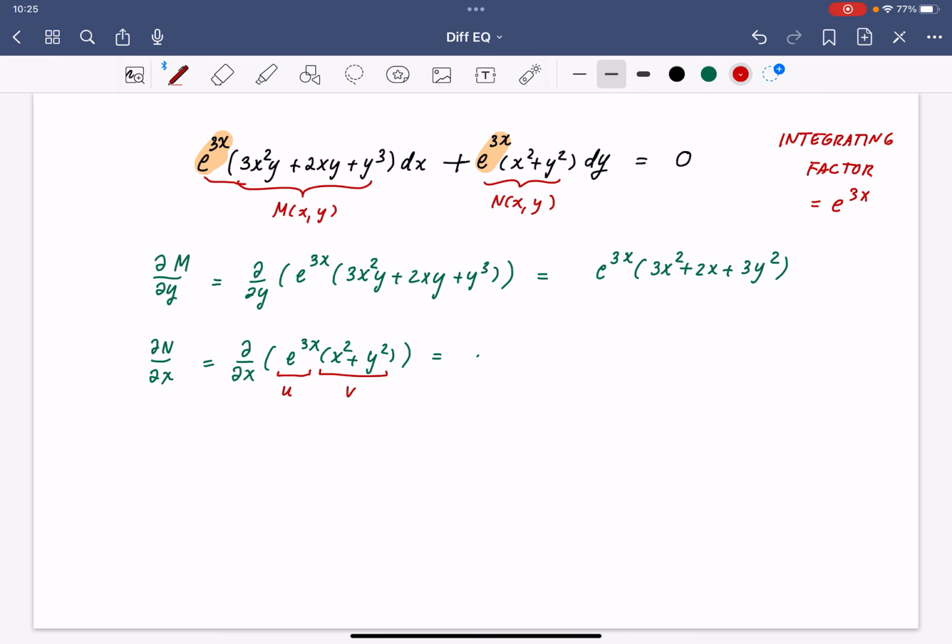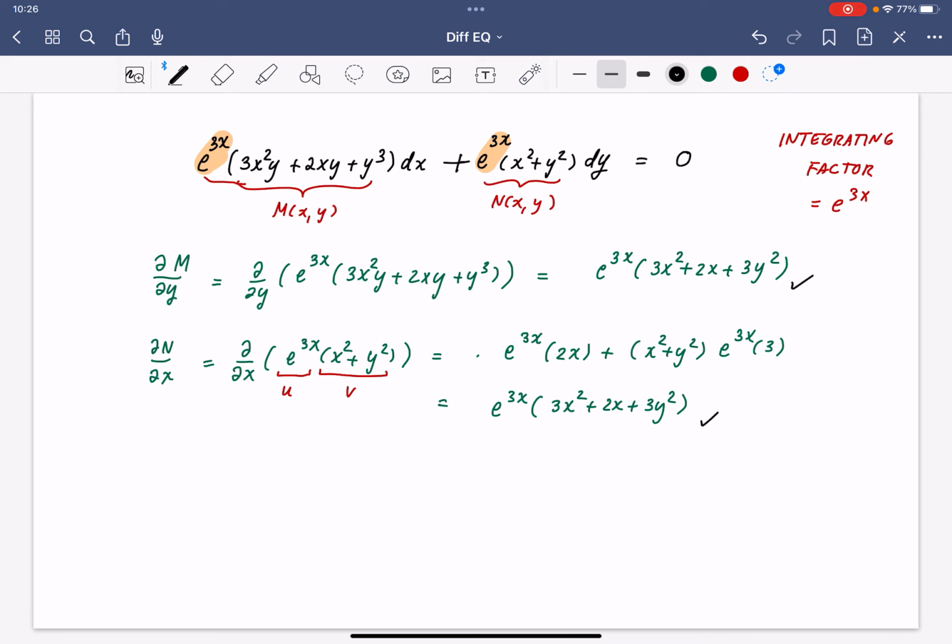Remember, the derivative is u dv plus v du. Once you simplify it, you're gonna get e to the 3x times 3x squared plus 2x plus 3y squared. So now it is exact, because they are equal now.